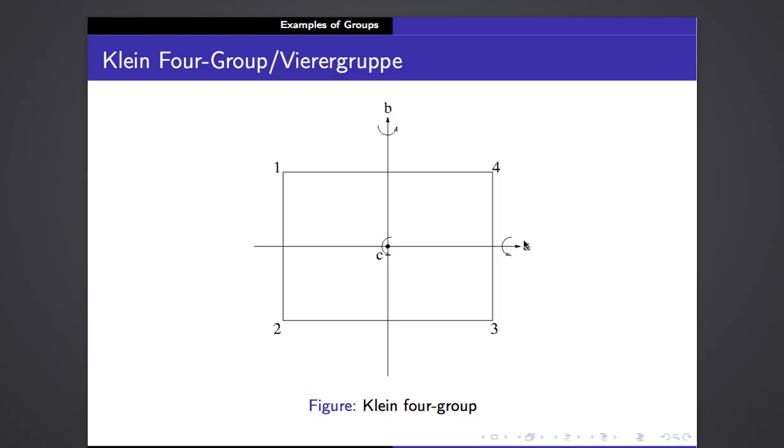We are considering three axes. First, rotation about the x-axis by 180 degrees, which we call A. Here you see B, which is named for the rotation about the y-axis by 180 degrees.